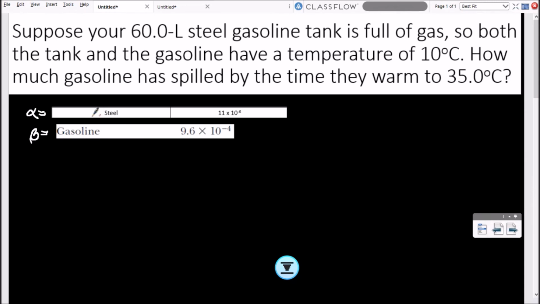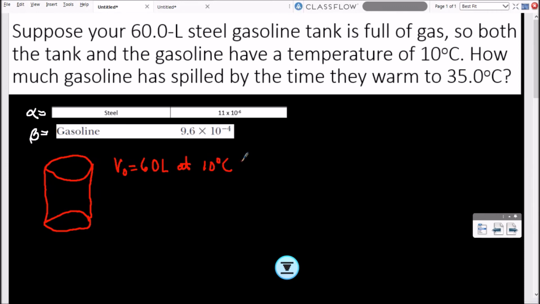All right. So I have here the alpha of steel, which is 11 times 10 to negative 6. The beta of gasoline is 9.6 times 10 to negative 4 per Celsius degree, right? So when we analyze this problem, the tank is made of steel, so that's why we have the alpha of steel. Initially, the tank and the gasoline are at 60 liters at 10 degrees Celsius, right?